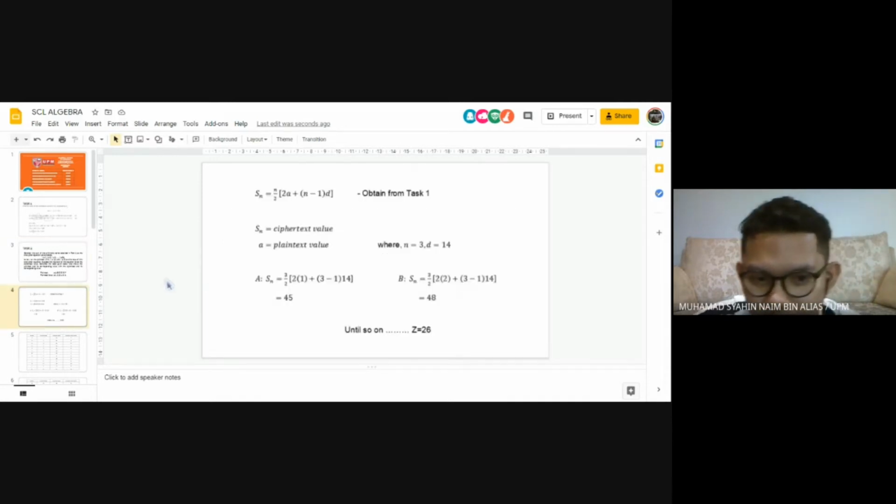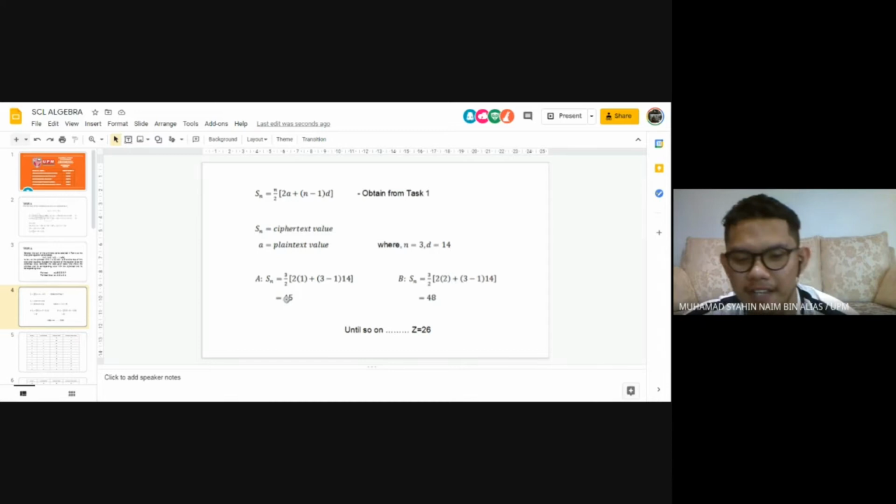This is the equation that we get for the sum of the arithmetic series from task 1, which is Sn equal to n over 2 bracket of 2a plus (n minus 1)d. So Sn is considered as the ciphertext value and a is considered as the plaintext value, where n equal to 3 and d equal to 14. I will do A first.